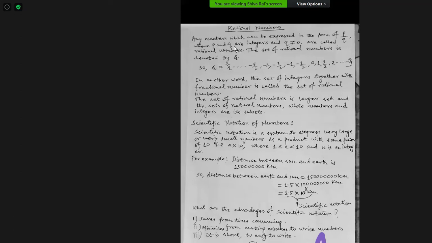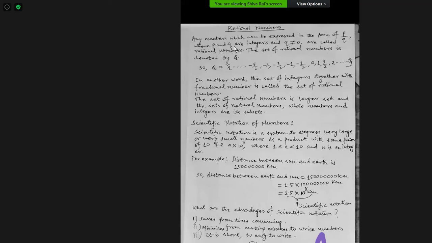Not only that much, fractional numbers with integers, or integers with fractional numbers, combinedly give the rational numbers.